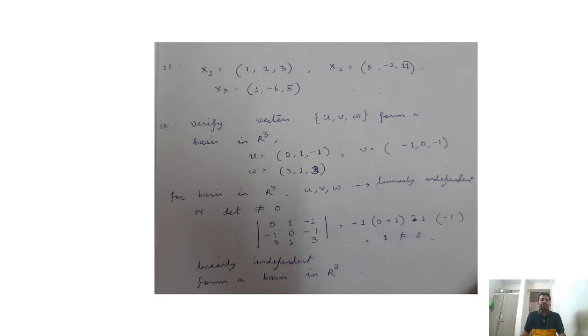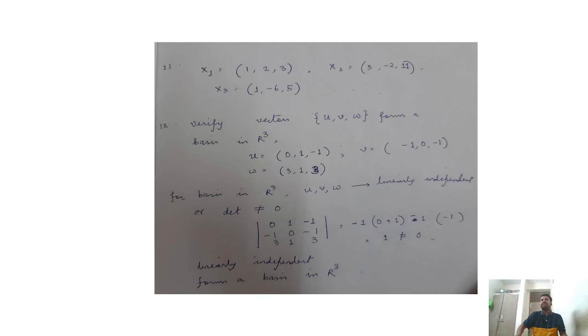For checking whether they're linearly independent or not, consider the equation x1 equals a x2 plus b x3. As it's an array of 1 cross 3, you will have three equations. You consider any two of the equations, find the constants a and b, and replace their values in the third equation.